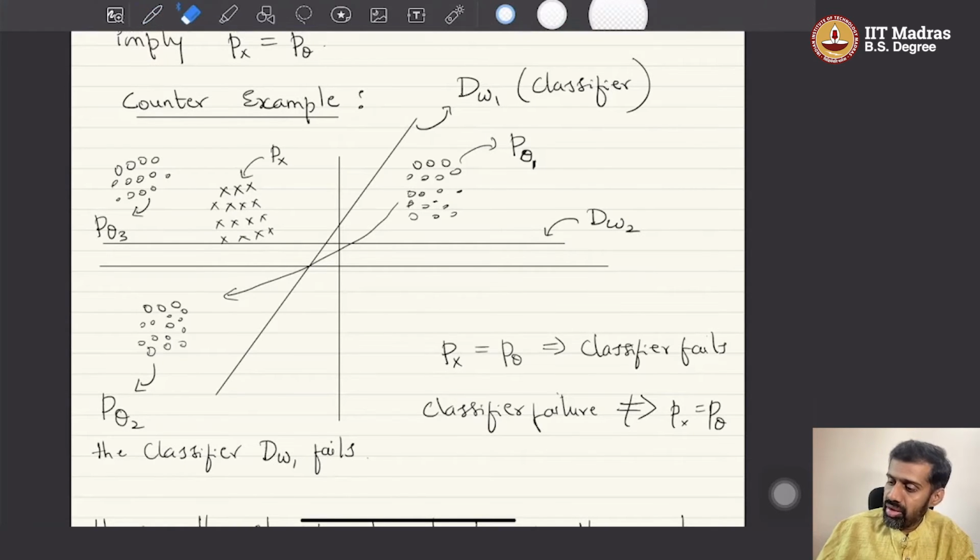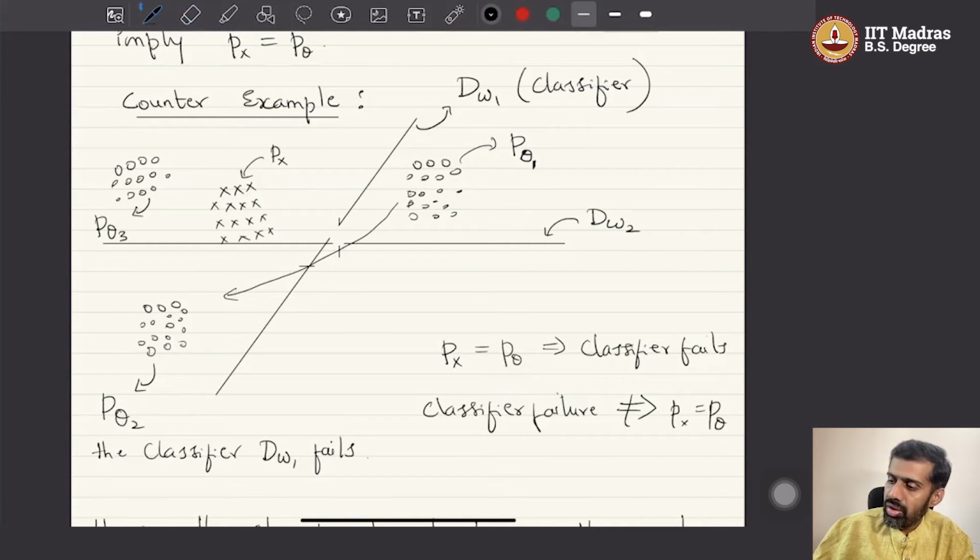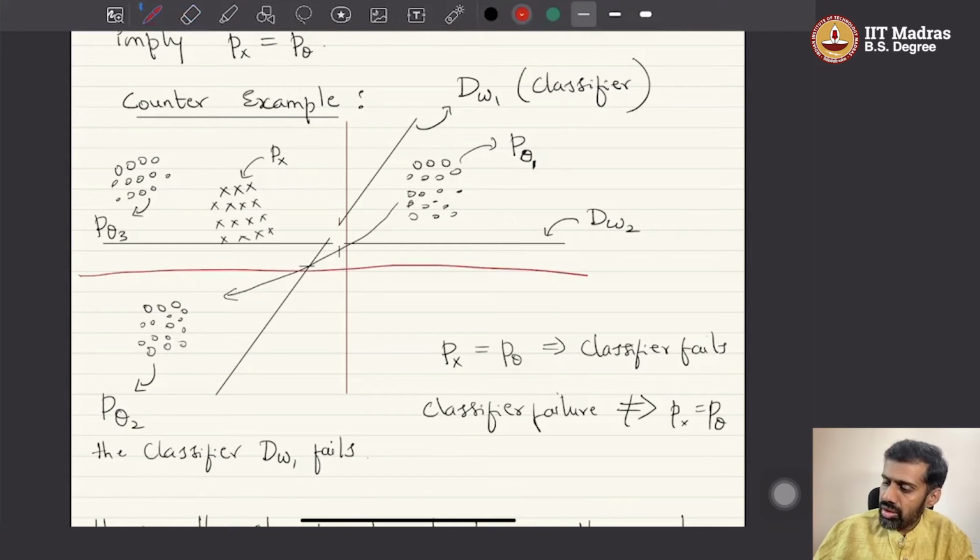Maybe I'll just take this down because this might be confusing. Or maybe I'll draw the coordinate axis in a different color. Let me just do that. So let's say this is the coordinate axis, right? We have a two-dimensional feature.